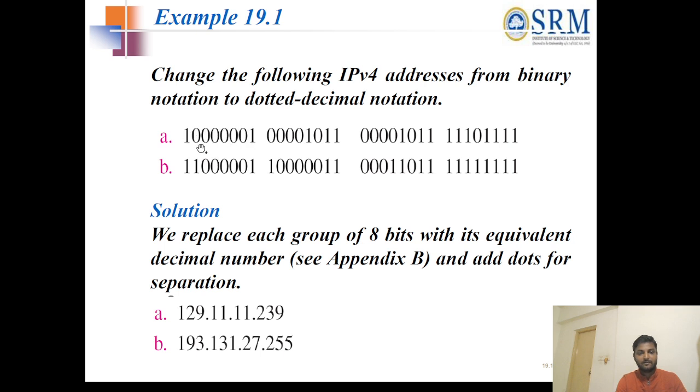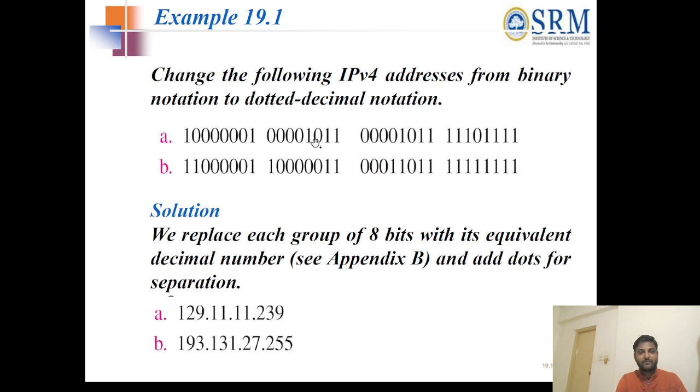For this octet, first this bit is 1, which means it is 128. There are a total of 8 bits, numbered 0 to 7, so it is 2 to the power 7, and the last is 2 to the power 0. Both will be summed, and the result will be 129.